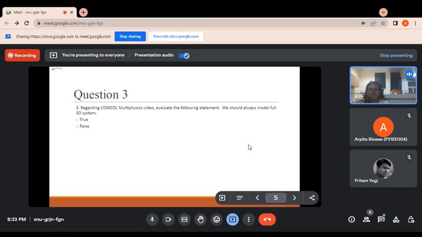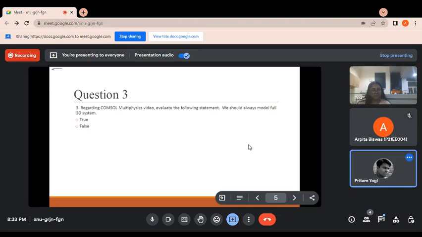This is question 3. Regarding the COMSOL Multiphysics video, evaluate the following statement. We should always model a full 3D system. So is it true or false? I guess true. What is the right answer?